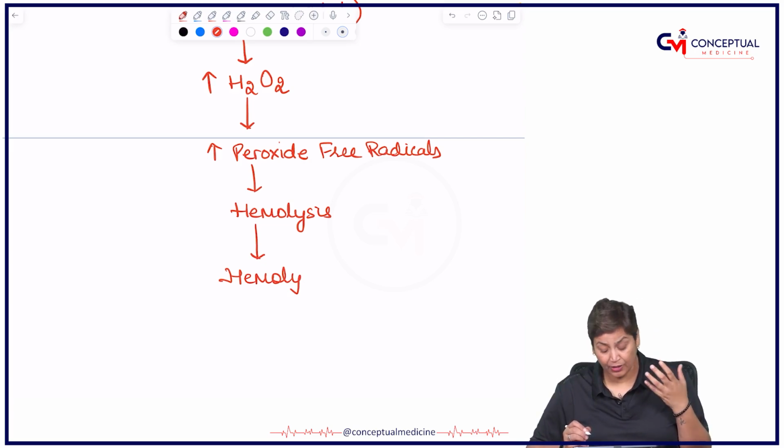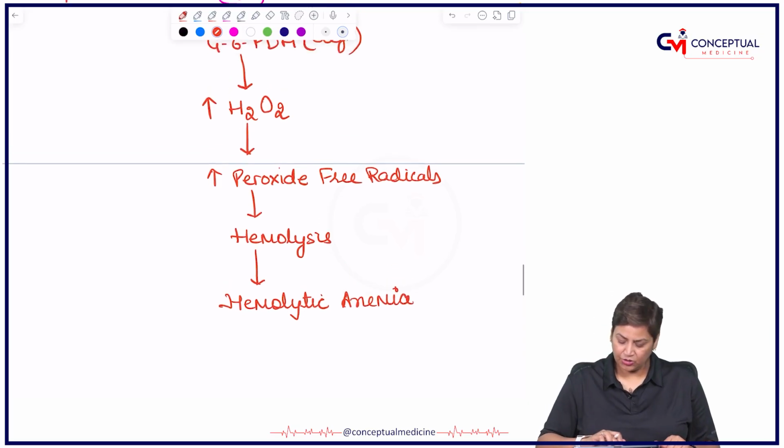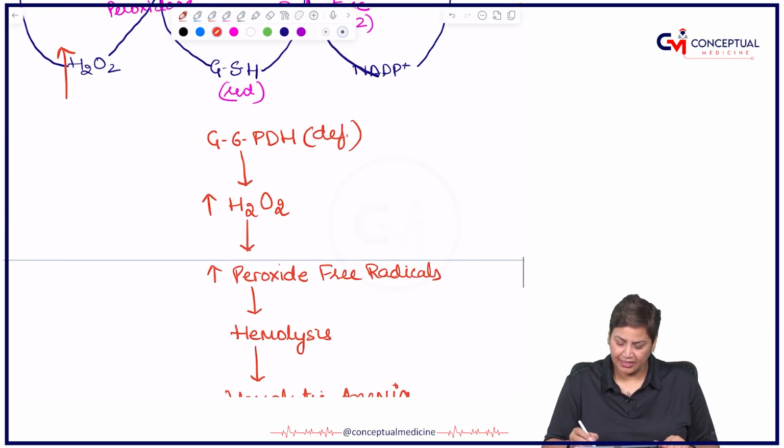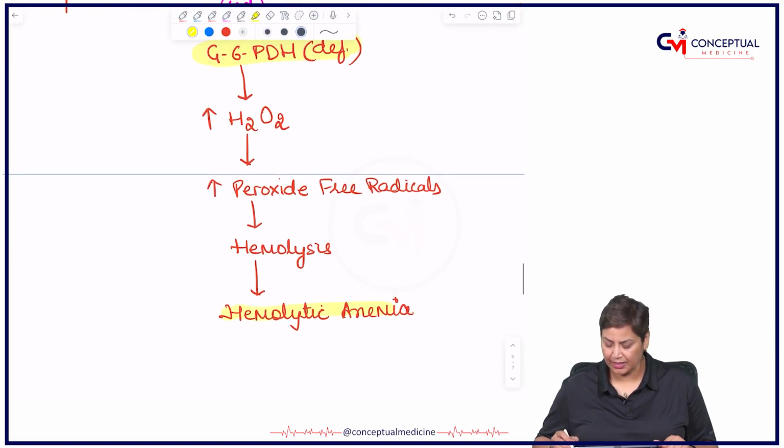And you will be surprised to know that certain diets also promote this deficiency, which we are going to discuss now. So this is just a chain: deficiency of G6PDH will lead to hemolytic anemia.